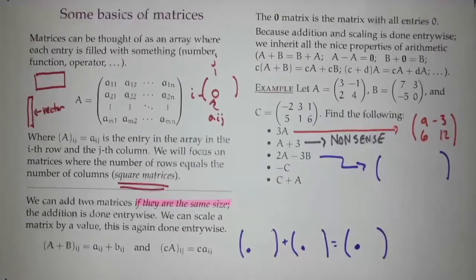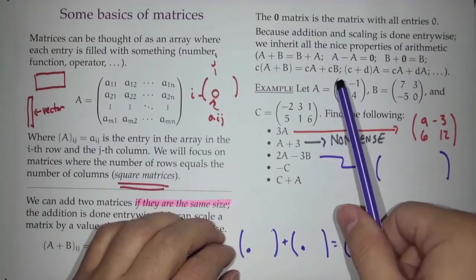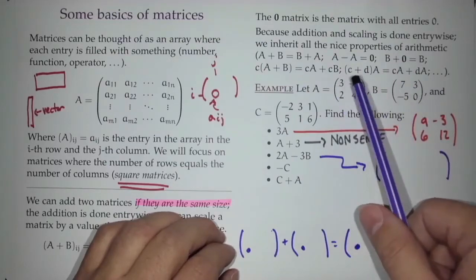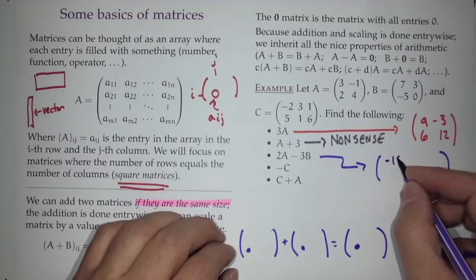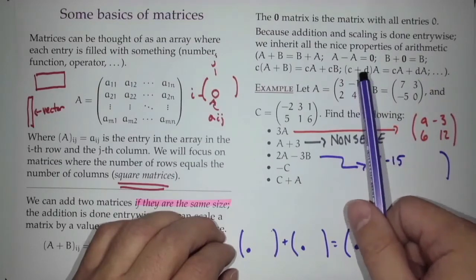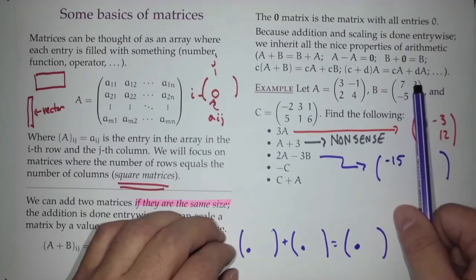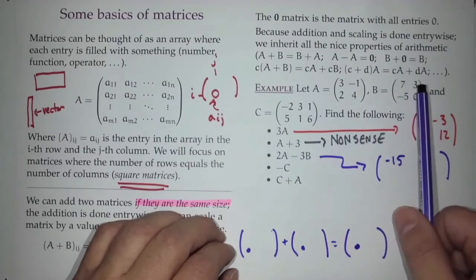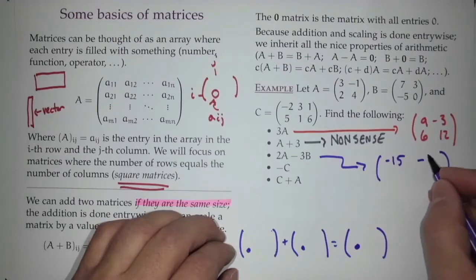Work entry by entry. So for the top left entry, 2 times 3 minus 3 times 7. 6. Subtract 21. Negative 15. Top right corner. 2 times minus 1 minus 3 times 3. So it's minus 2 minus 9. Negative 11.